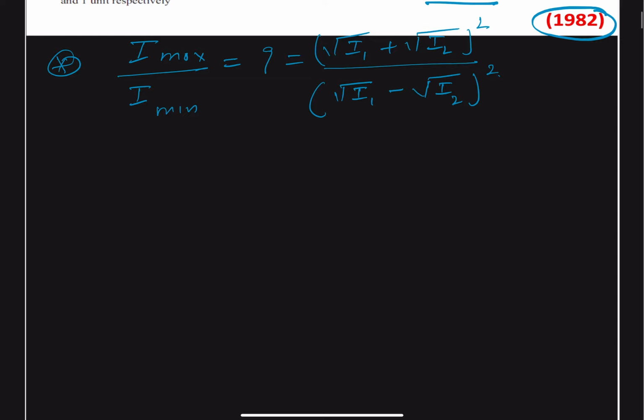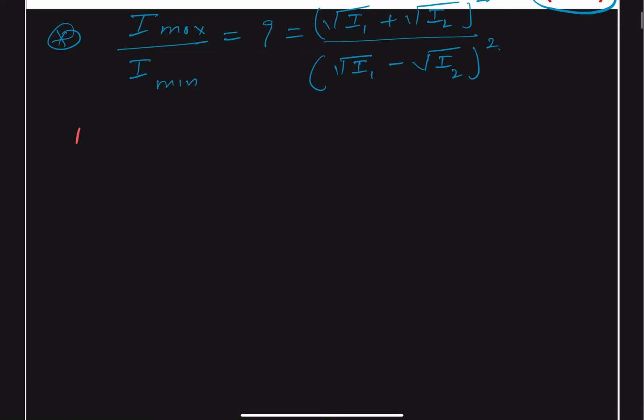Here I1 and I2 are the intensities due to the two sources.